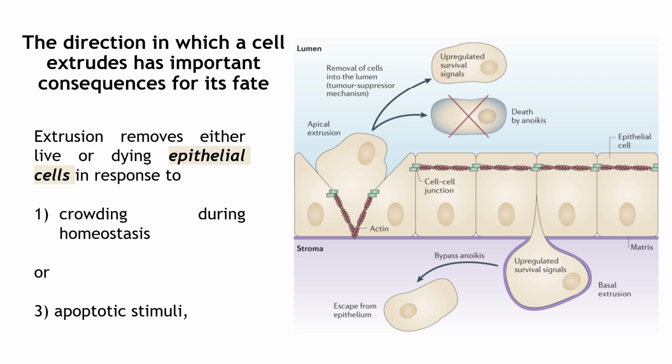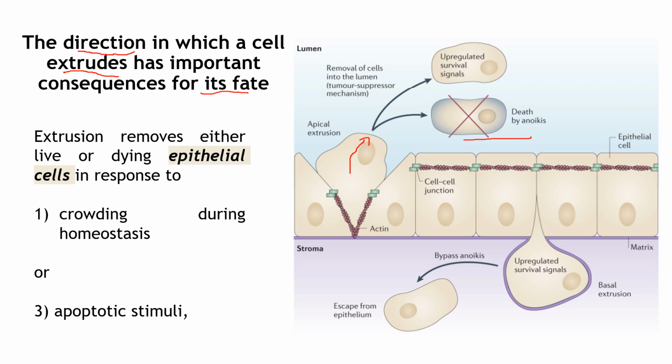So I'm going to go through the figures, and here in this figure, the key idea of this slide is to show you that they found that the direction in which cells are extruded has important consequences for their fate. In the previous classes, we talked about how if the cells are extruded basally, they can be killed because there are signals that allow them to be killed.